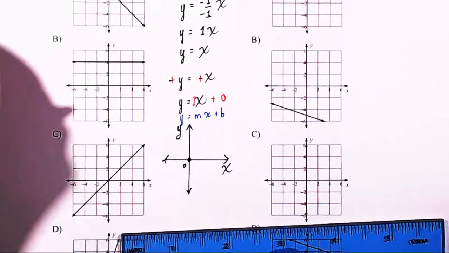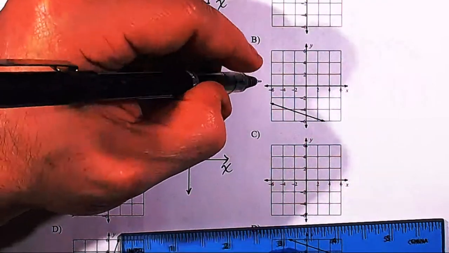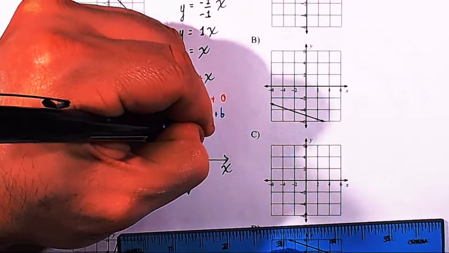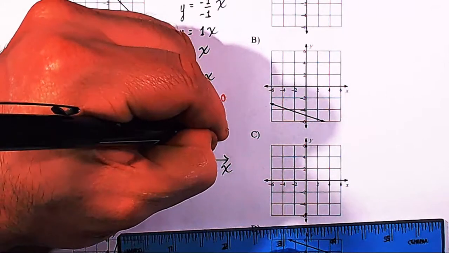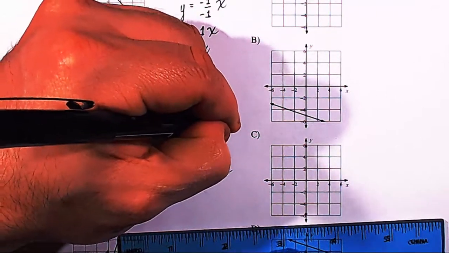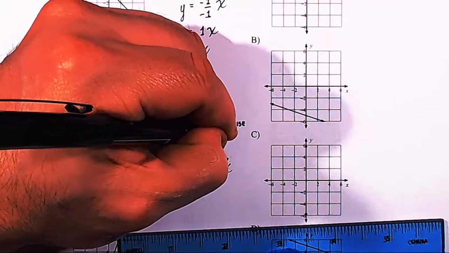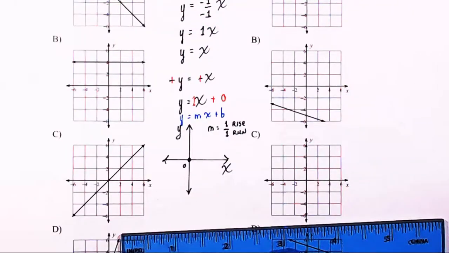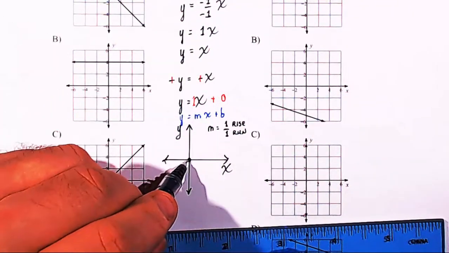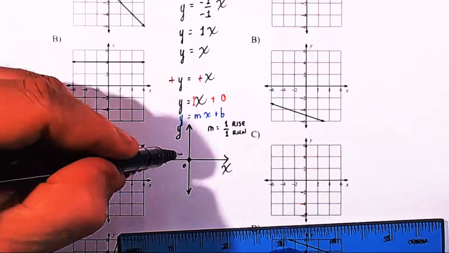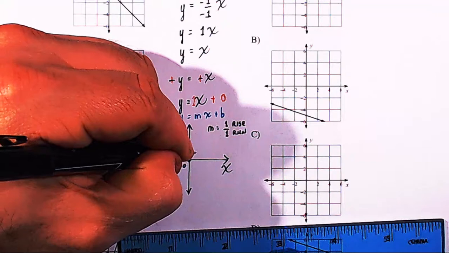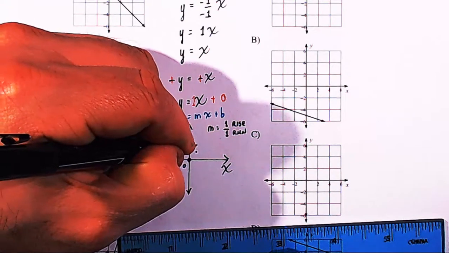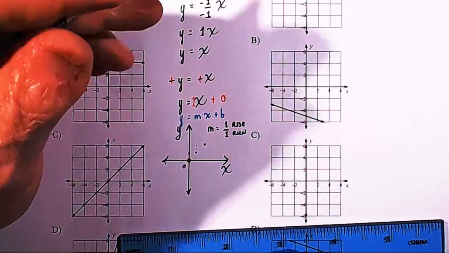And then my slope is 1. Okay, so the slope, m, equals 1 over 1. That's the rise over the run. So starting at the y-intercept, which happens to be 0, 0, I can go up 1 over 1, like that.